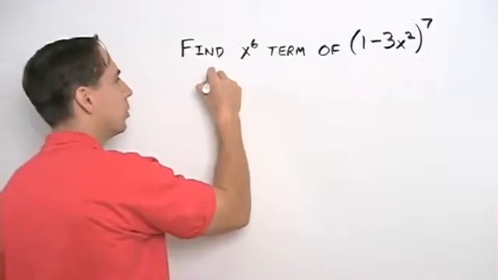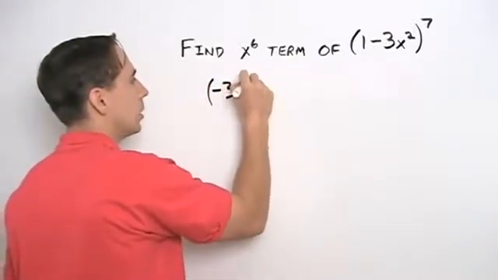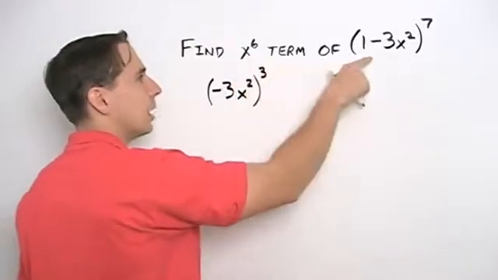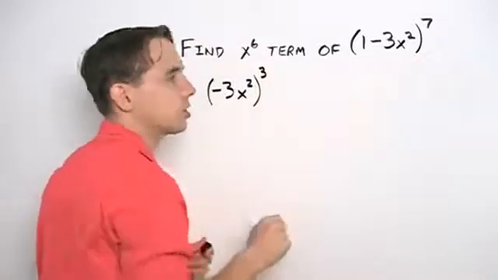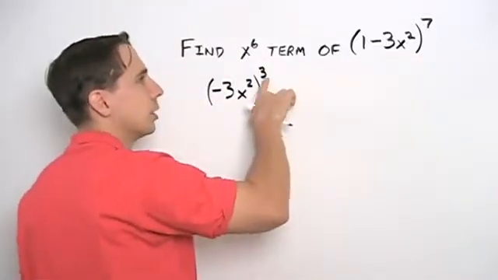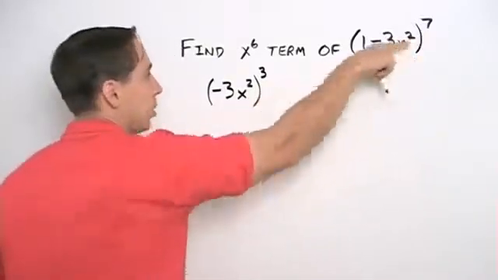So we know to make an x to the 6th term, when I write out 7 of these 1 minus 3x squareds and I start multiplying them out, I'm going to have to take minus 3x squared 3 times. Which means I'm going to have to take 1 all the other times, and there's 7 binomials, minus 3.